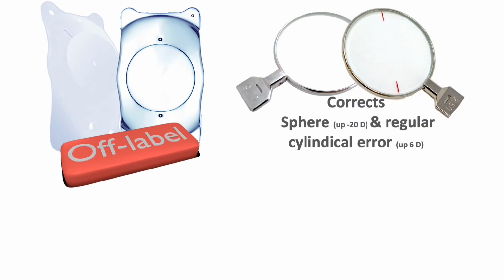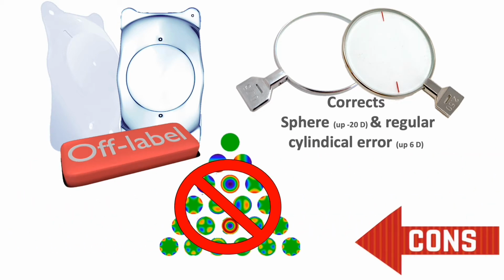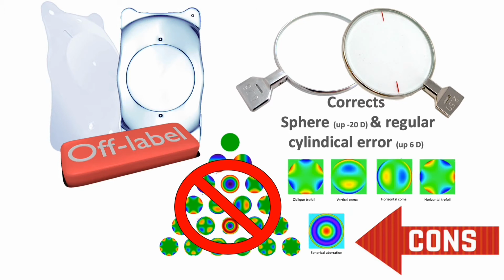It's an off-label procedure that corrects spheres up to -20 diopters and regular cylindrical error up to 6 diopters, but the downside is that it does not correct the commonly associated higher order aberrations such as trefoil, coma, and spherical aberrations.